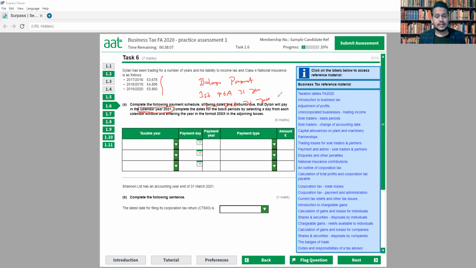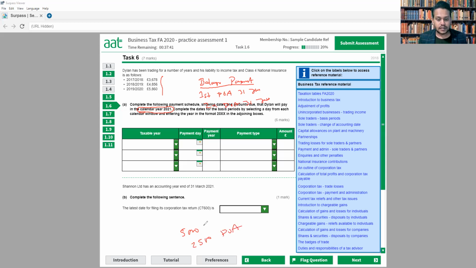Now, the balancing payment depends on how much you already paid before and how much payment is left. For example, I'm sure you already know how it works. If I'm self-employed and my tax liability for this year is, for example, 5,000, I have to pay 5,000 now. Also, I have to pay 2,500 in advance. This is called payment on account.